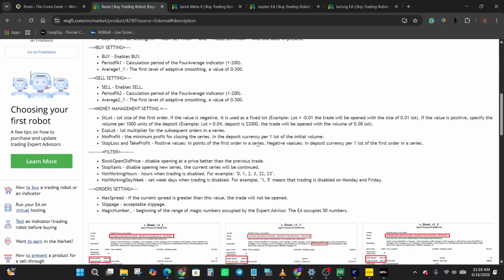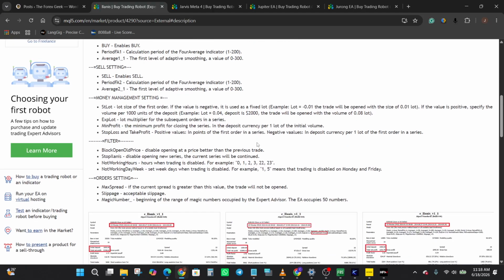The EA also includes filters such as spread limitations, trading hour restrictions, weekday filters, and options to prevent opening positions under specific conditions. These controls can be useful when adapting the EA to different trading environments.